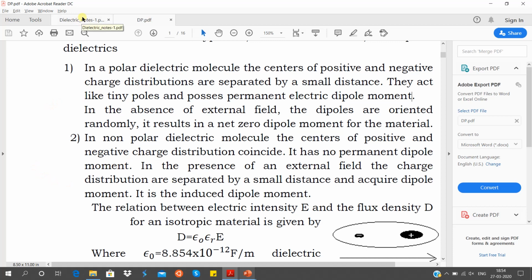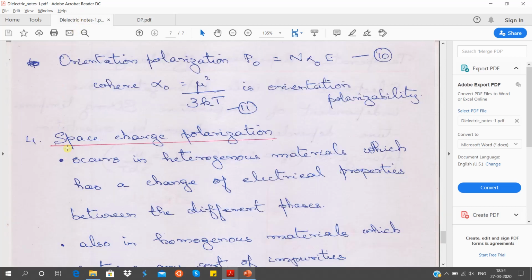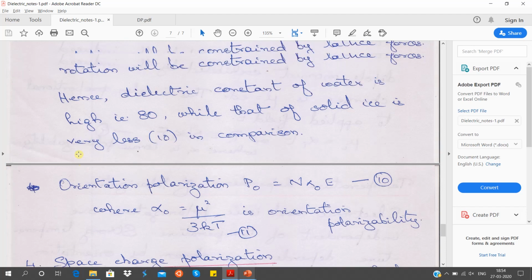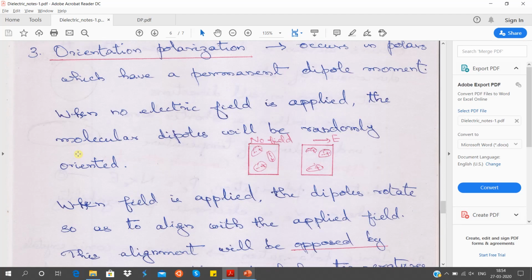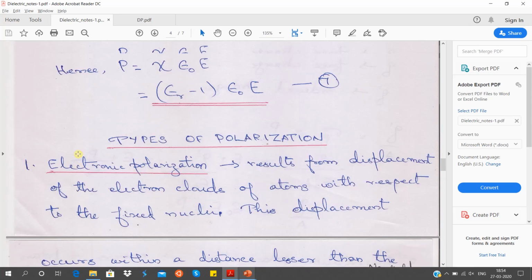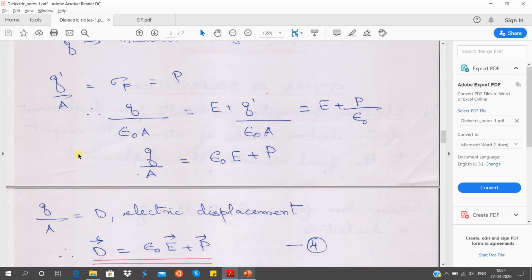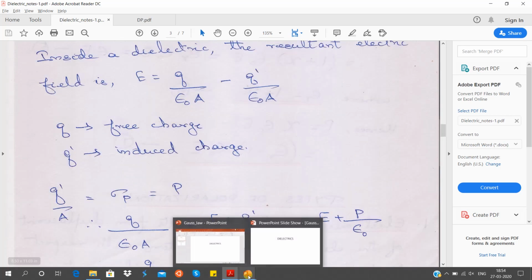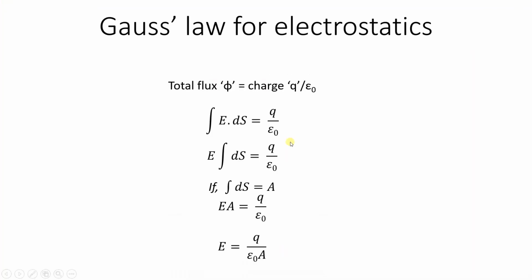Now we are moving next to do a small derivation. Before that, we need to remember something, that's the Gauss law for electrostatics. If you all remember, the Gauss law says that the total flux in the material, that is phi, is given by the charge Q divided by permittivity of free space.